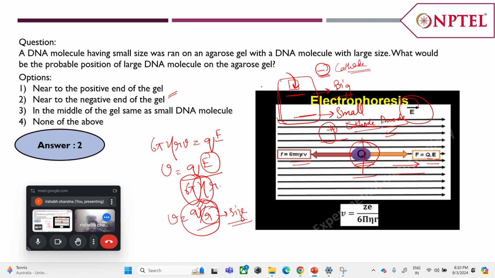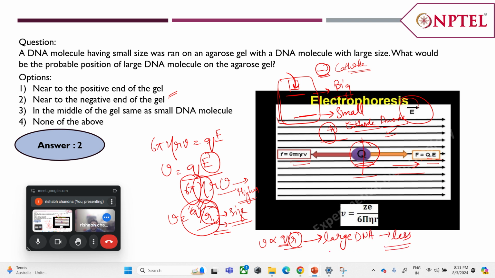Talking about the small DNA fragment, it would have a small size and comparatively its charge would be more. So keeping this ratio in mind, its velocity would be higher. And talking about the large DNA fragment, its size would be bigger as compared to its charge. So that's why the velocity of a large DNA fragment will be less.